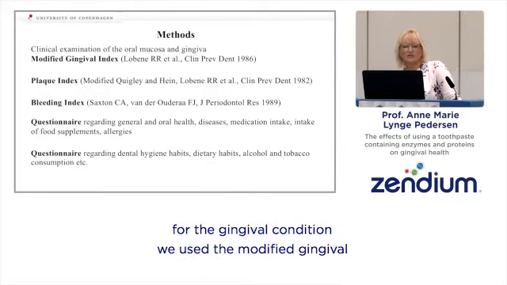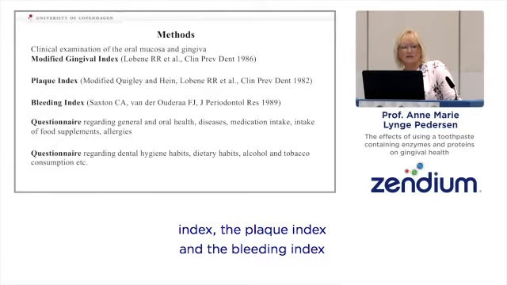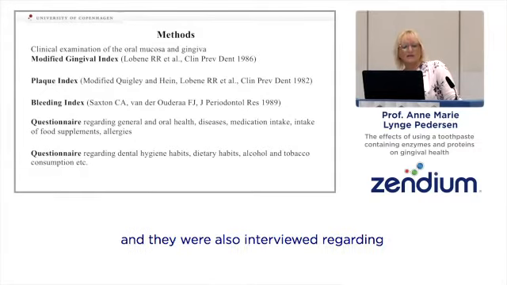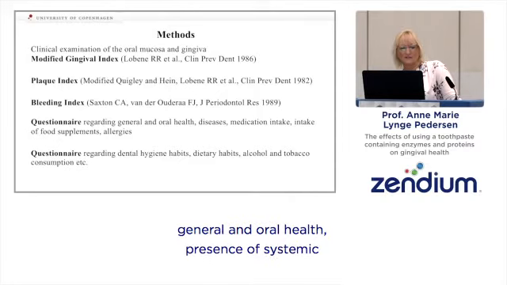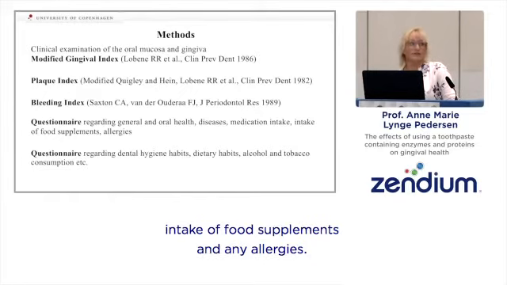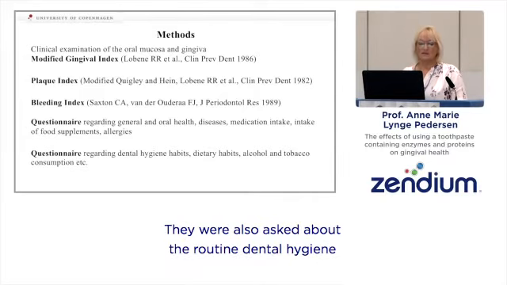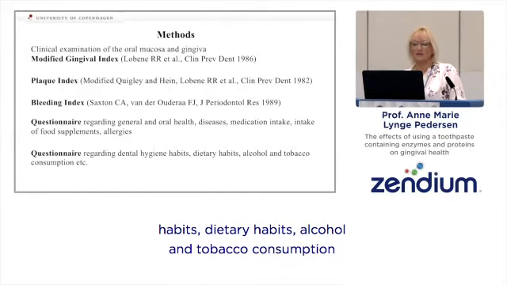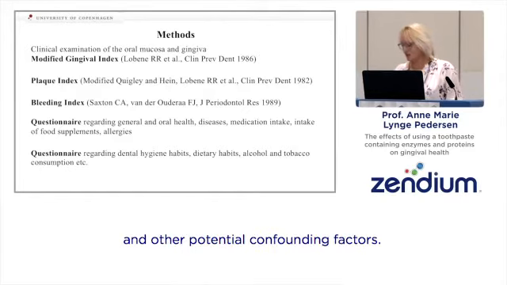For the gingival condition, we used the modified gingival index, the plaque index, and the bleeding index, and they were also interviewed regarding general and oral health, presence of systemic diseases, oral diseases, medication intake of food supplements, and any allergies. They were also asked about their routine dental hygiene habits, dietary habits, alcohol and tobacco consumption, and other potential confounding factors.